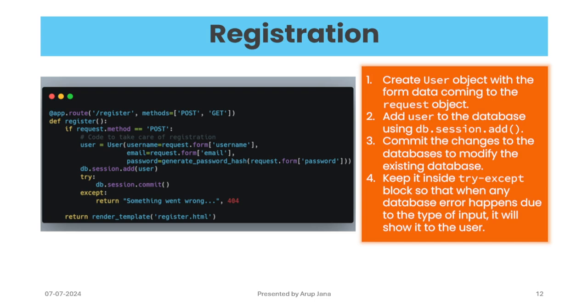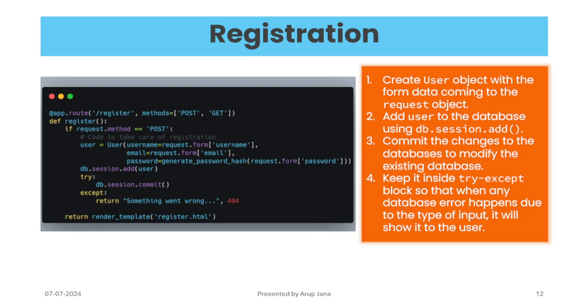But you have to make sure that you do it inside a try and except block, because db.session.commit is the step where it will check whether any integrity error is happening because of the primary key, or any column constraint that you have defined. For example, we have defined many columns as varchars of 10 length, right?